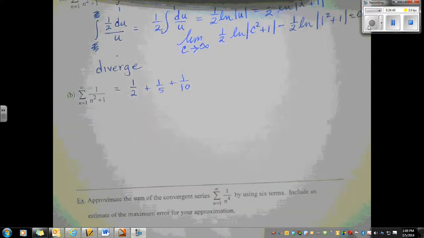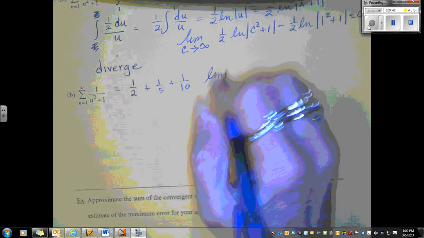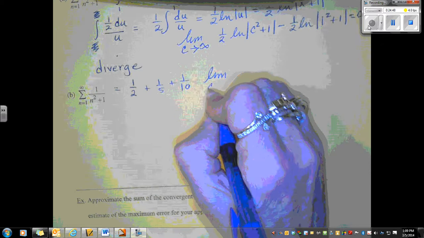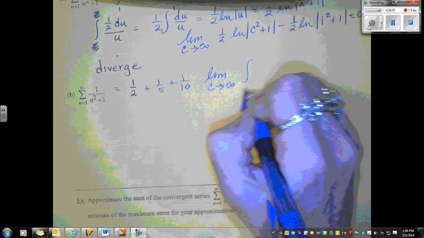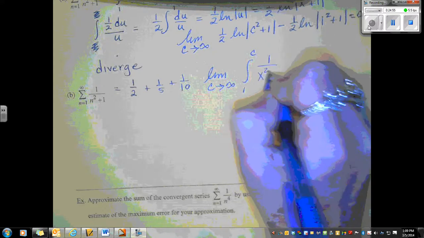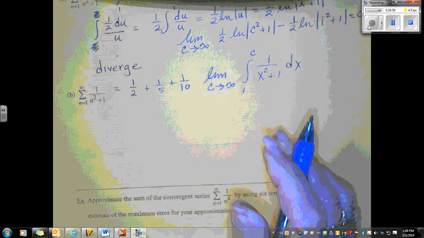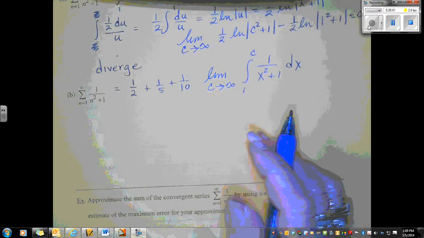Okay. So, integrating the limit as c goes to infinity of the integral from 1 to c of 1 over x squared plus 1 dx. And all of you know this one by heart, yes? Arctan, yes?